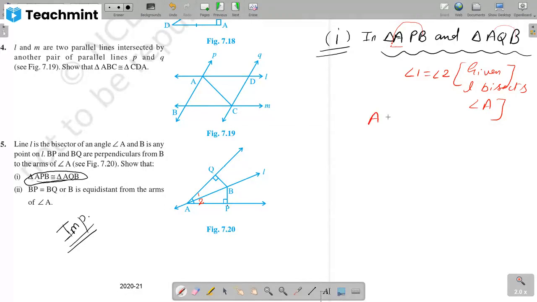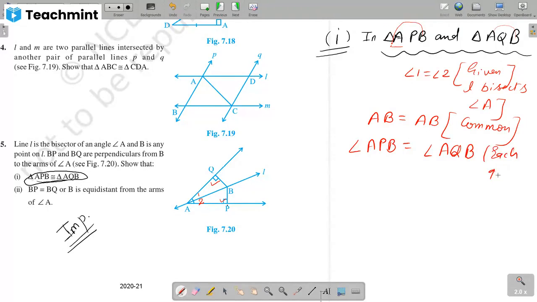So AB equals AB. Perpendiculars are given, which means these two angles are equal, 90 degrees. So we can write angle APB is equal to angle AQB, each 90 degrees.